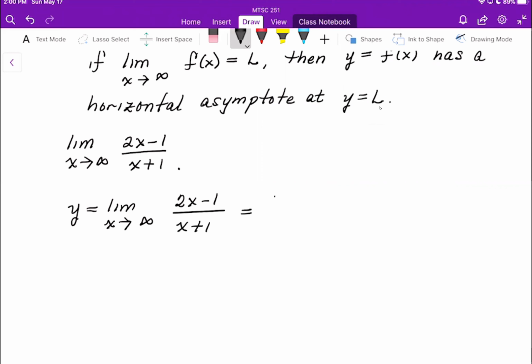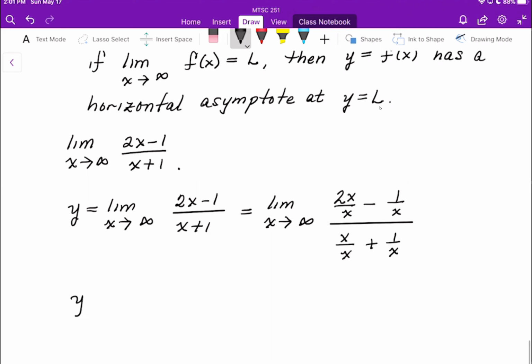We're going to divide by the highest power of x. So that's going to give us 2x divided by x minus 1 divided by x, over x divided by x plus 1 divided by x.